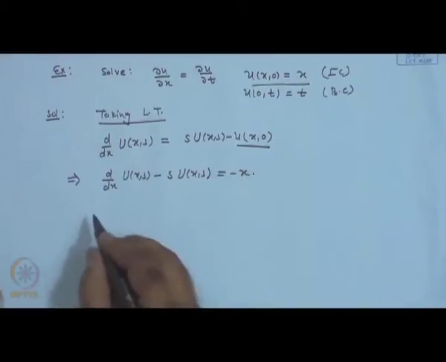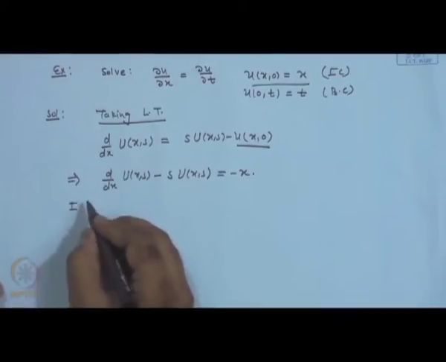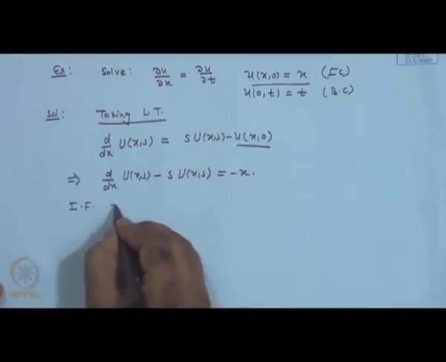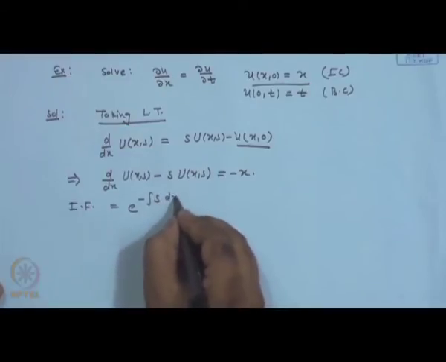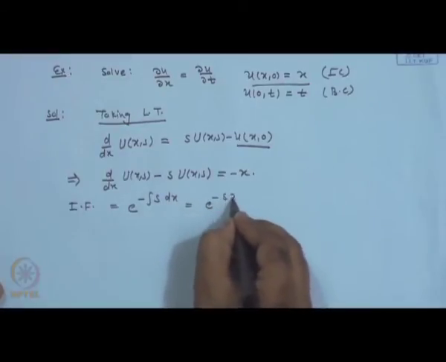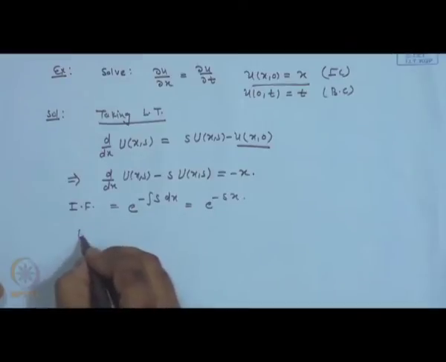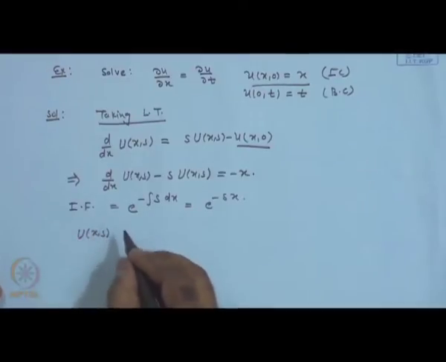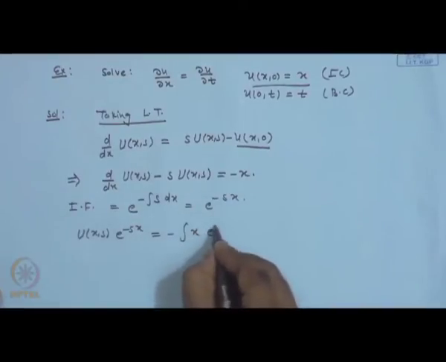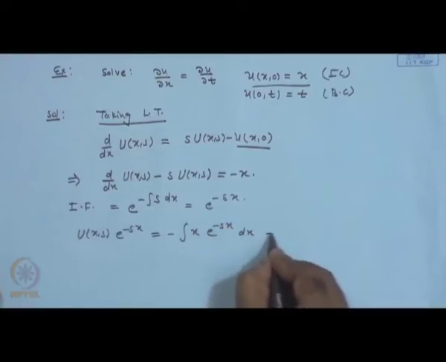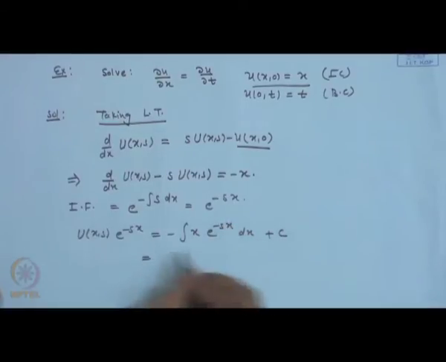So, this is minus x, and then we can solve this linear differential equation, and the integrating factor is e to the power of minus the integral of s dx. So, it is e to the power minus s x, and therefore the solution would be U(x,s) e^(-sx) equal to the integral of the right hand side, which is minus x times the integrating factor, plus a constant. Here we can apply the integration by parts technique.